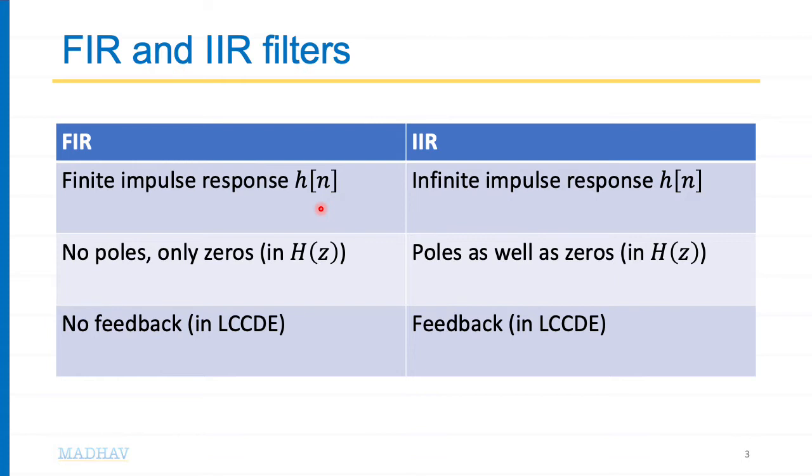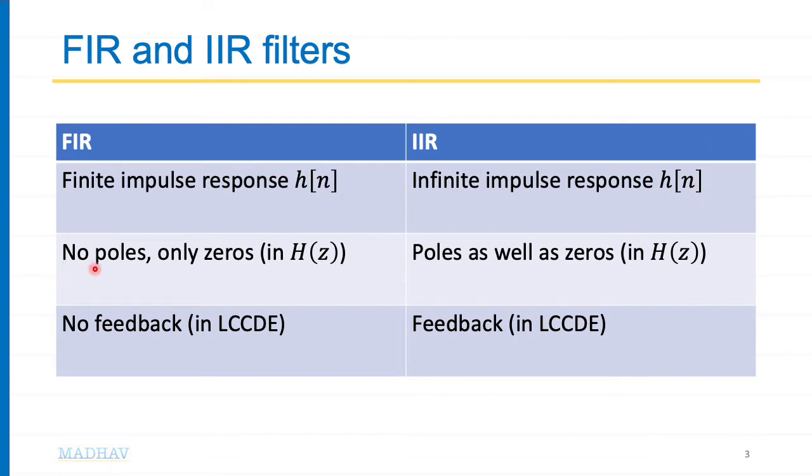Similarly, on the infinite impulse response side, my h of n will not be 0 even after any large capital N, which means basically it could be asymptotically 0, but in principle it need not be exactly 0.